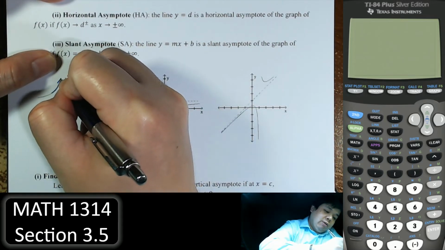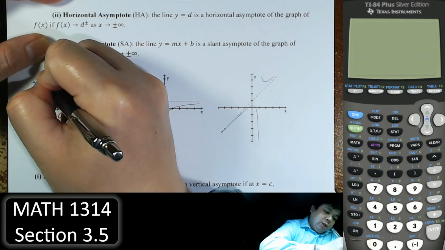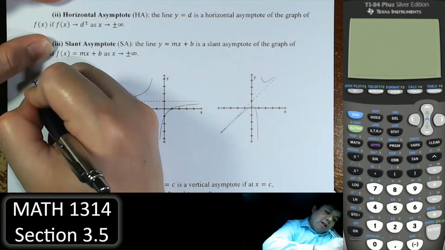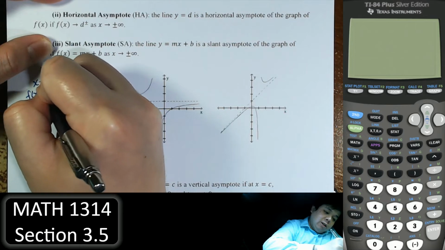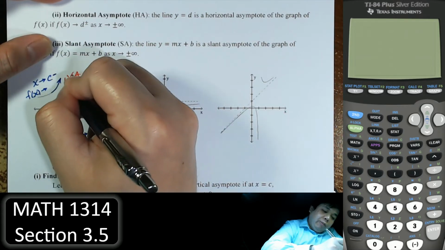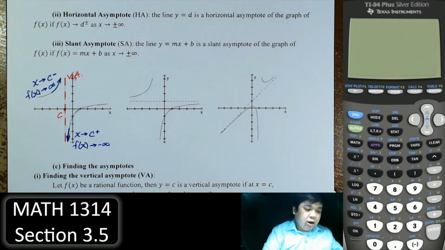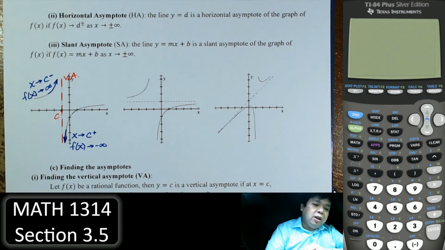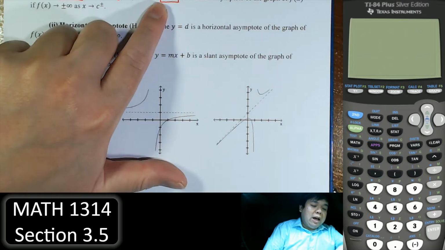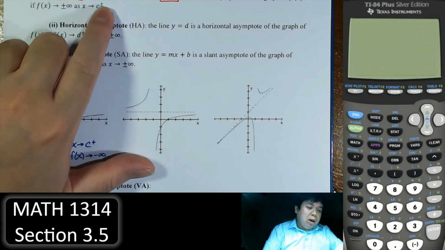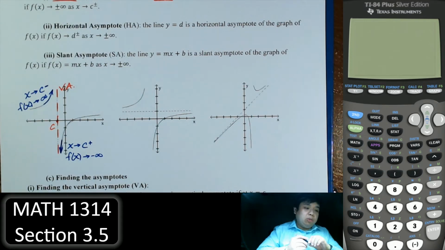And here we have x going to c from the left side, and the function goes to infinity. So if we use that notation, we can write it for that particular example. The bottom line is the vertical asymptote is the line the function is approaching, and there might be more than one vertical asymptote.